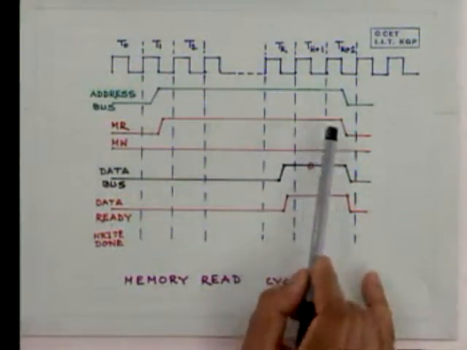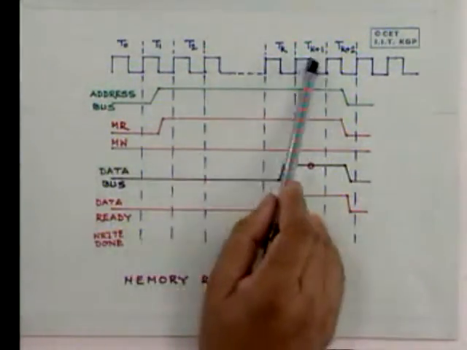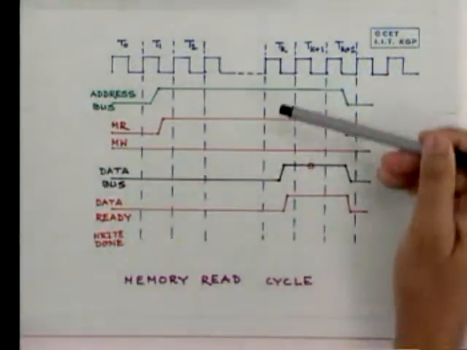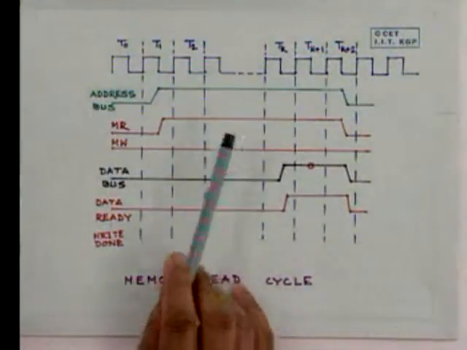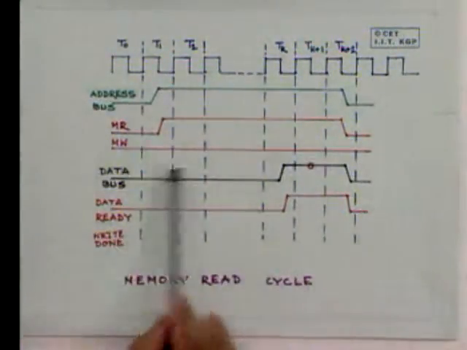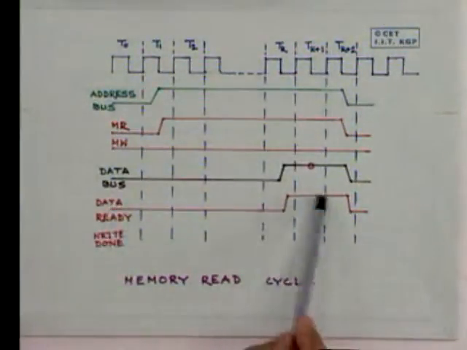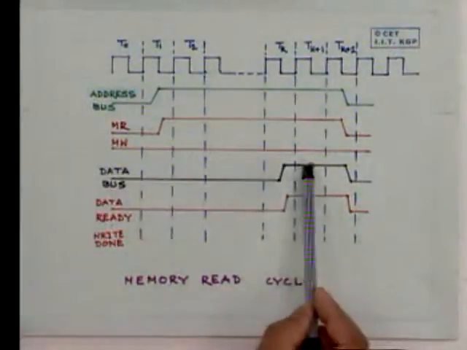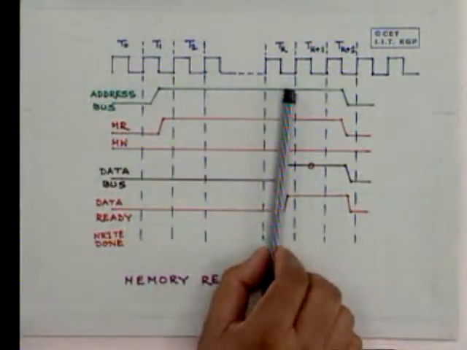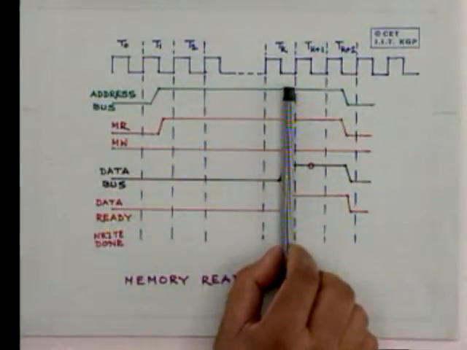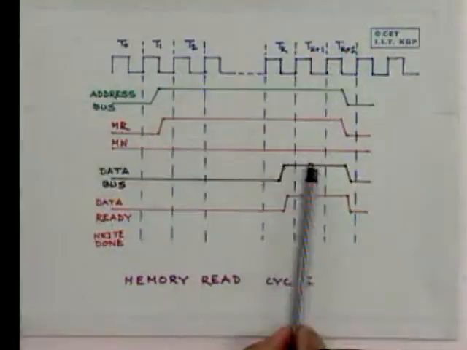For example, if I change the memory today, this delay from T1 to Tk, this k, may increase or decrease. But one important thing is that when the data is available, the memory will say data ready, and on data ready, the CPU can strobe the data from the data bus. During that period, since the data is immediately necessary, the CPU has to remain idle unless we make some other arrangement for it.